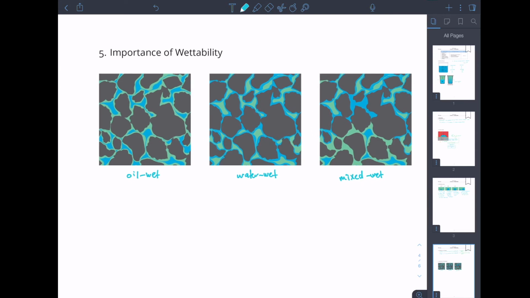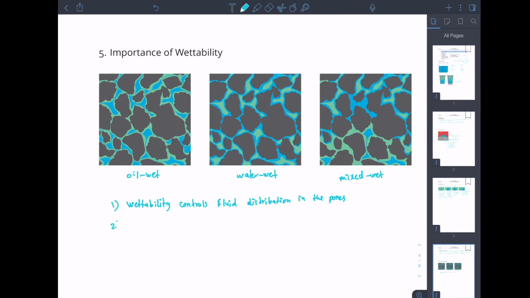So now let us discuss the importance of wettability. Based on this, I can tell you two importances. The number one is that wettability controls fluid distribution in the pores.